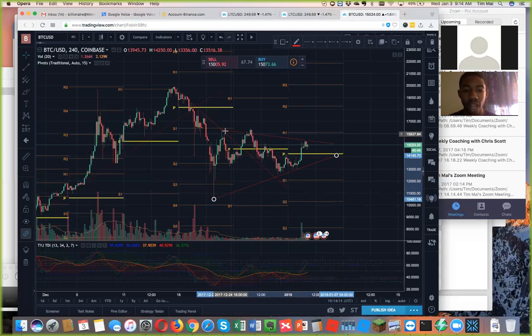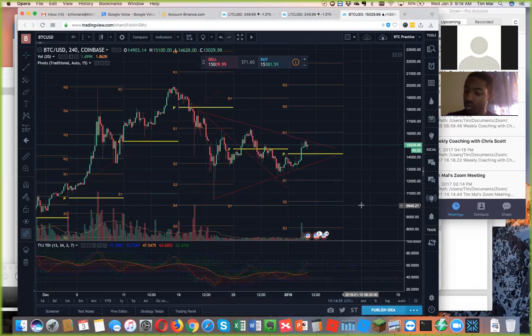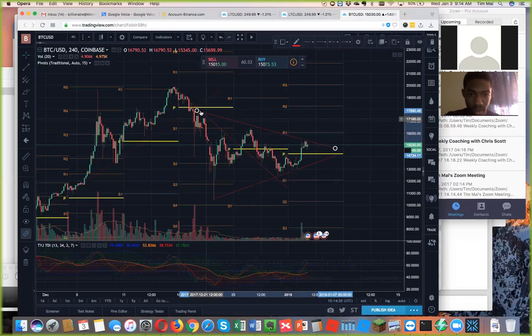You're looking for it to break out to the actual upside. If it breaks down to the downside, then you know that trend line could possibly be moving to the downside.